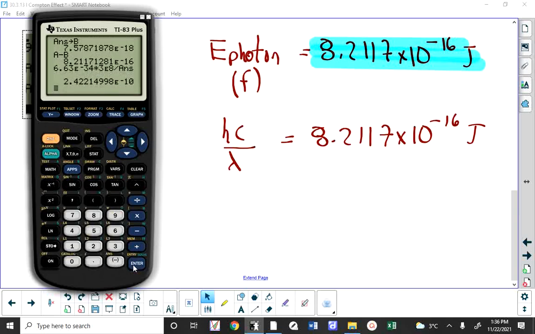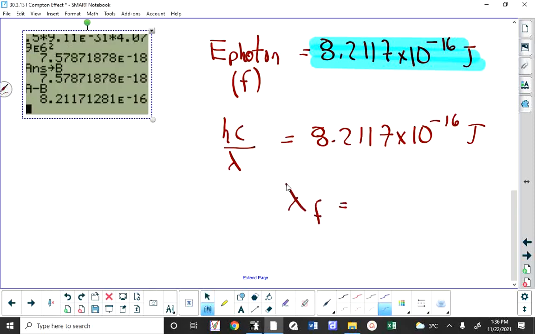Wasn't far off. I thought it'd be about 0.241 nanometers. It's 0.2422. So the wavelength afterwards is 2.422 times 10 to the negative 10 meters. Very, very slight wavelength change between the initial wavelength and the final wavelength.